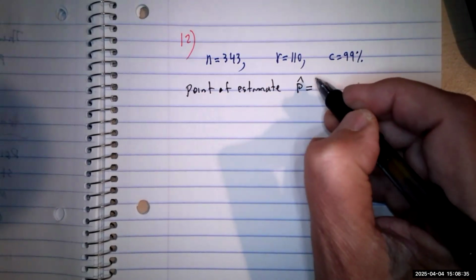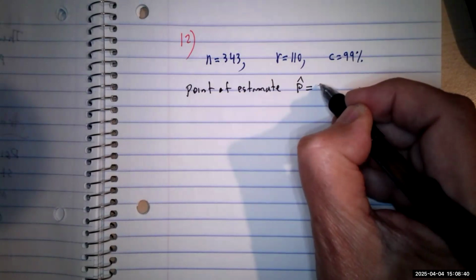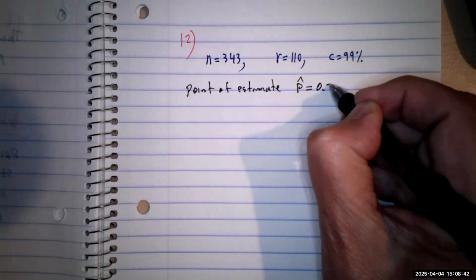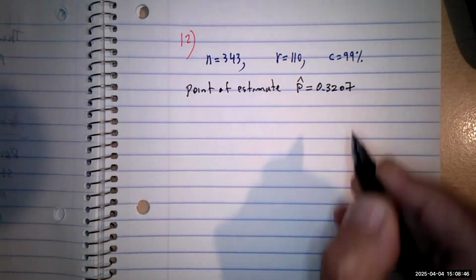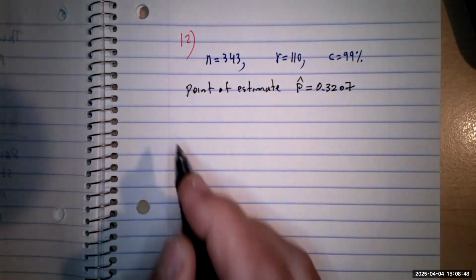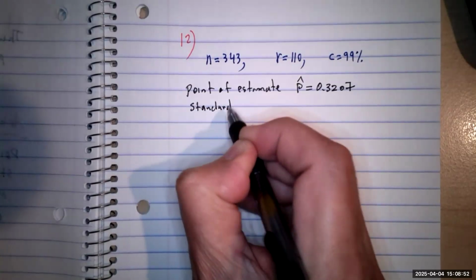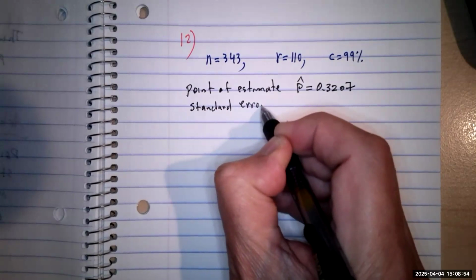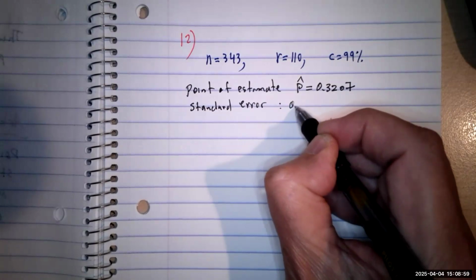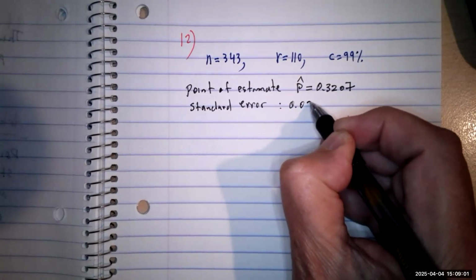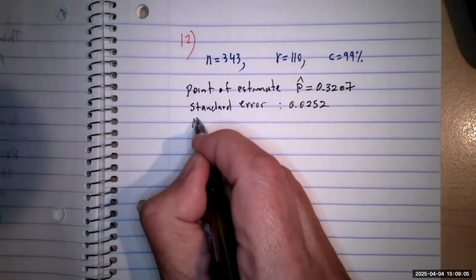P hat is equal to 0.3207. That's the first part. And the second one is the standard error. The standard error is 0.0252.